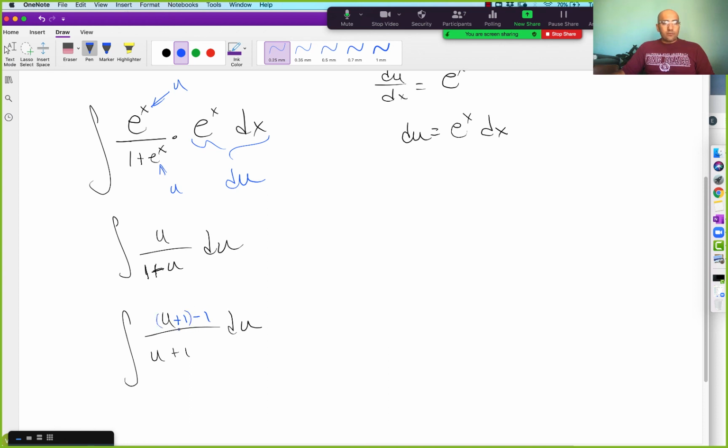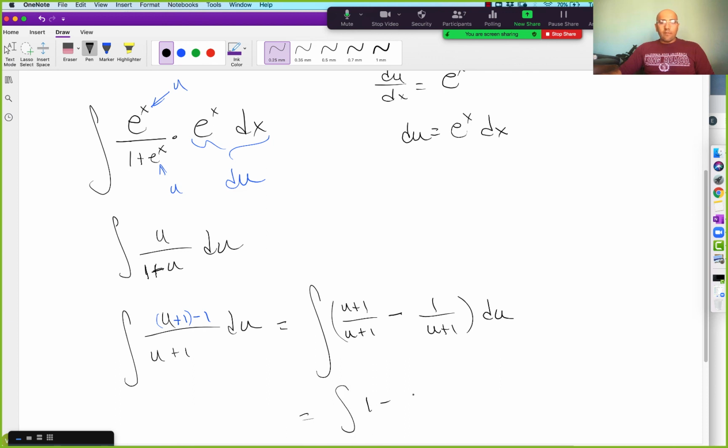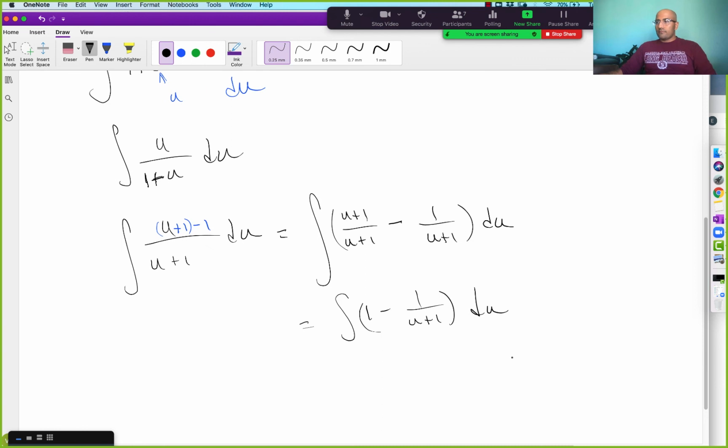So I can separate this as the integral of u plus 1 over u plus 1, minus 1 over u plus 1, du, which then becomes the integral of 1 minus 1 over u plus 1 du. Good.